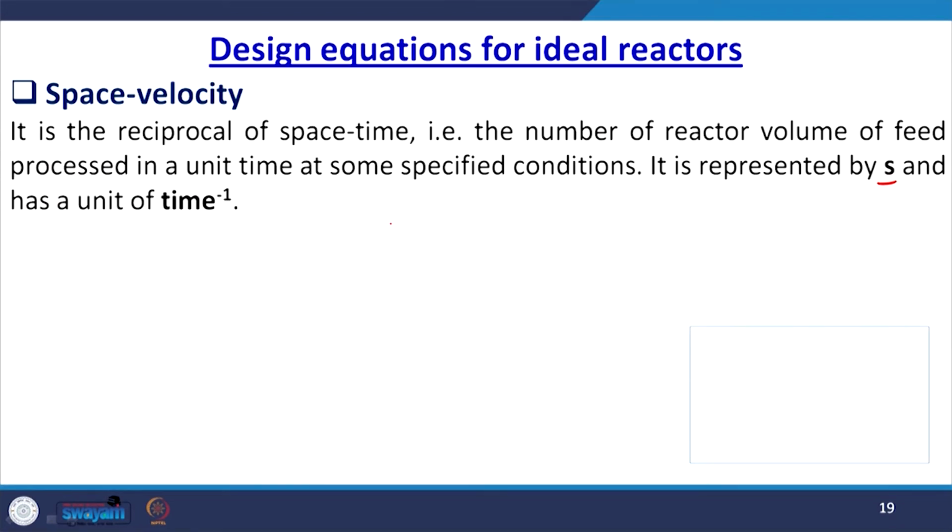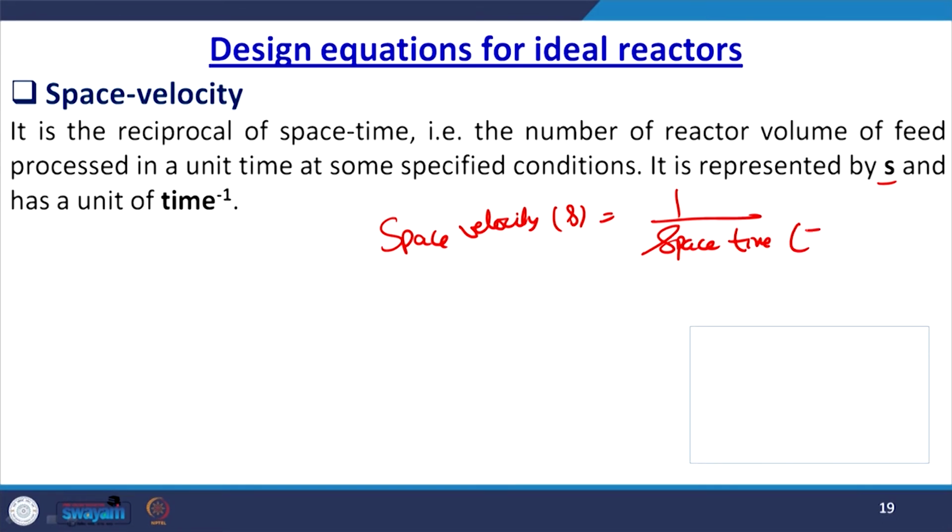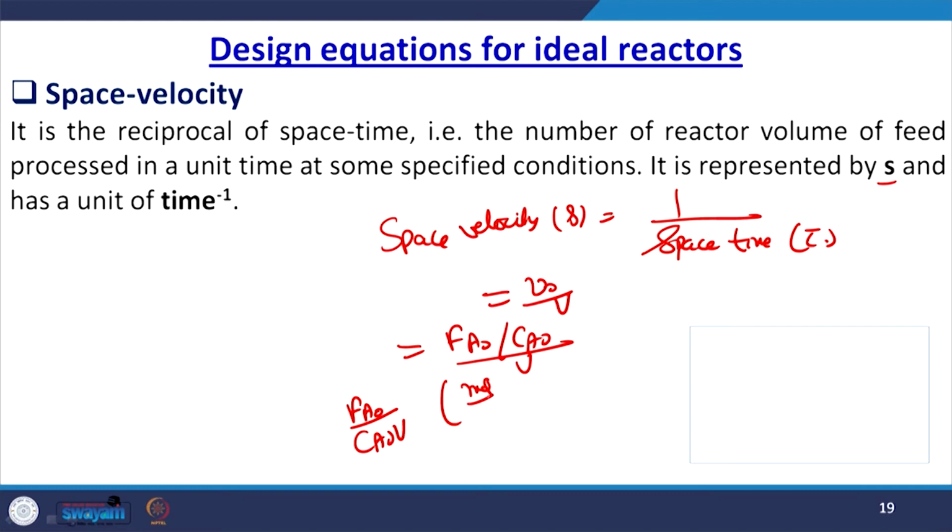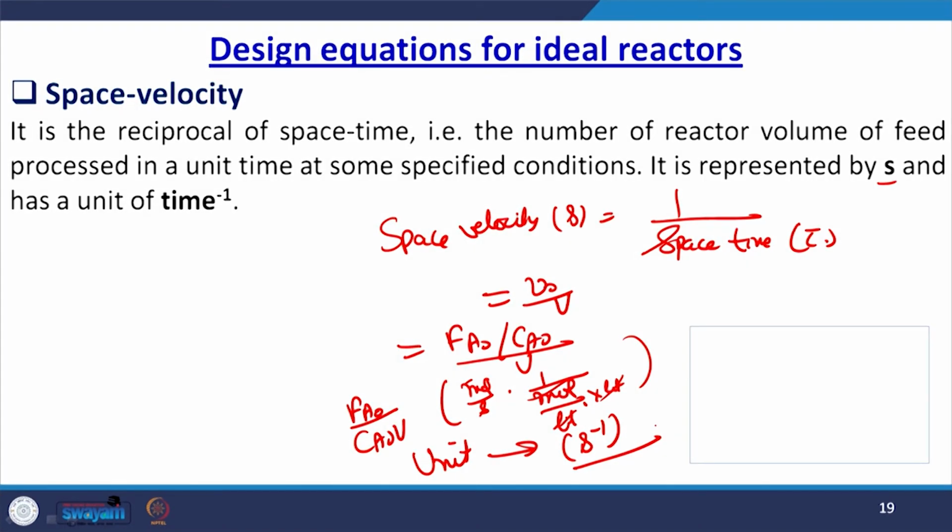So mathematically we can put forward like this: space velocity is the inverse of space time, or FA naught upon CA naught V, so the unit is second inverse. So this is the space velocity.